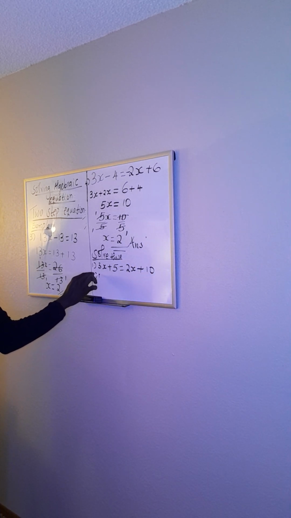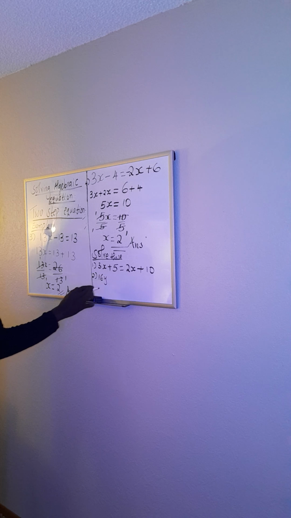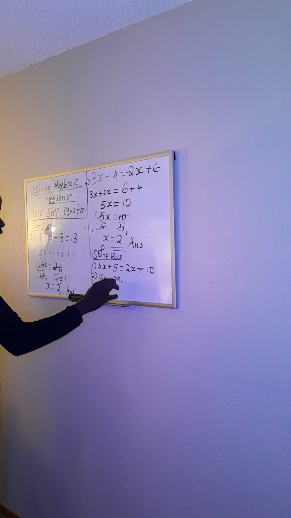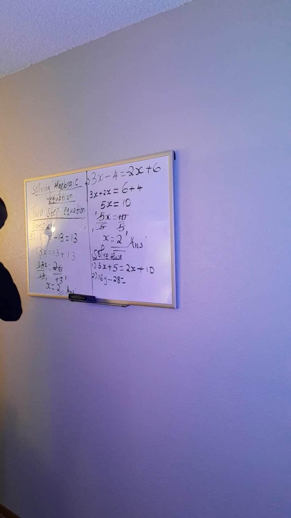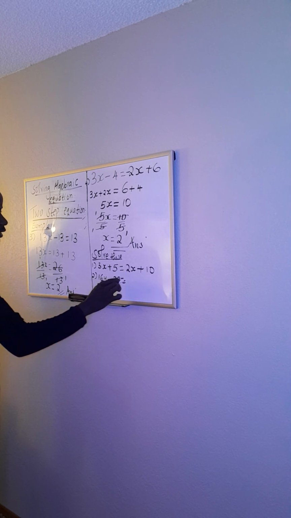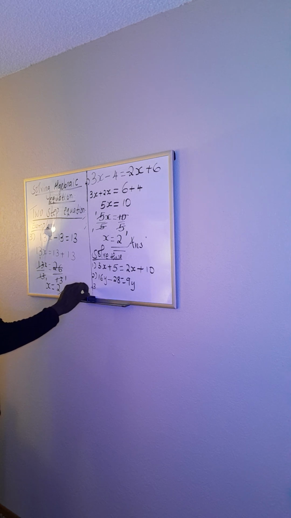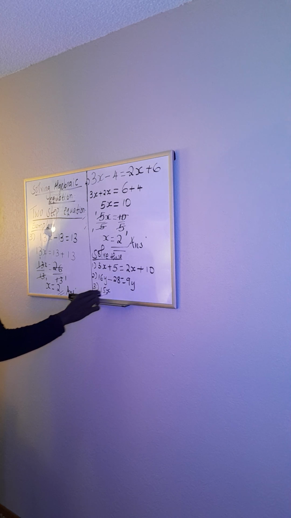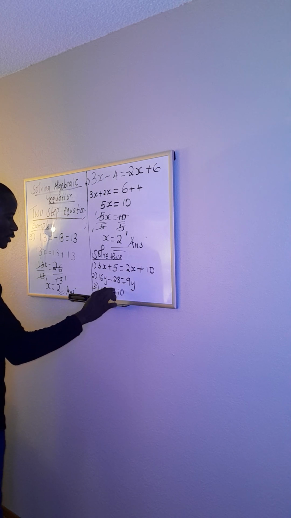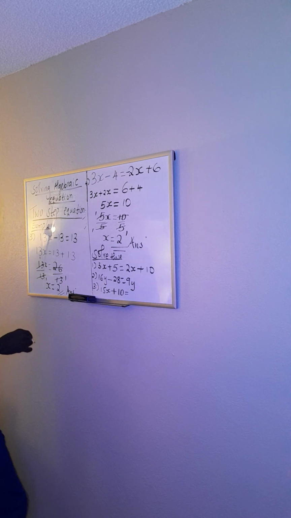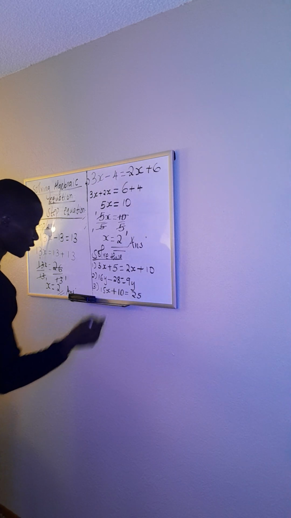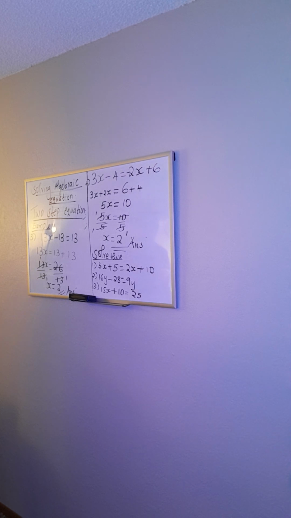Number 2, 16y minus 28 is equal to 9y. Question 3, what if I have 15x plus 10 is equal to 25? So try and solve this two-step equation that I've given you.